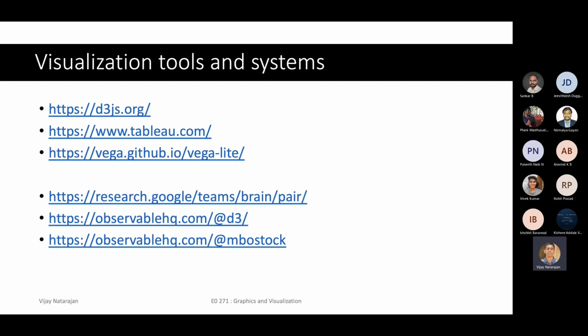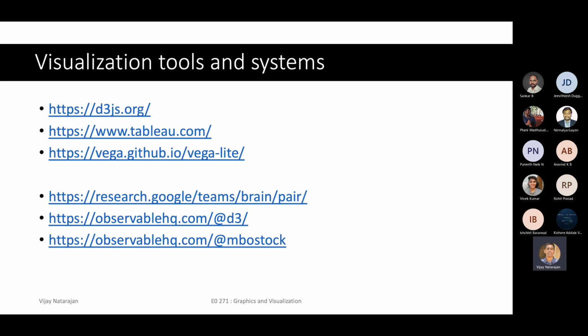D3 was developed at the University of Washington, and the same group has developed several other tools. One important tool is Vega and Vega-Lite. This brings together automated visualization tool ideas. So if you're interested, you can look at that also. There are a lot of interesting projects happening in different companies and in the public domain.